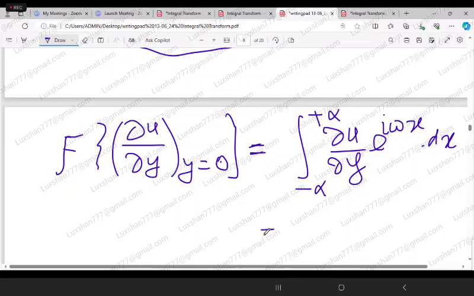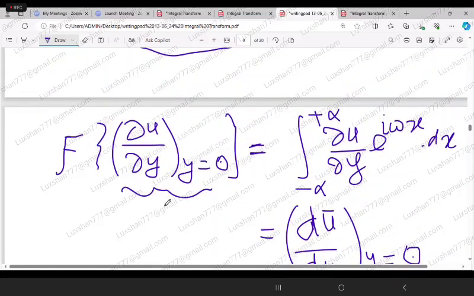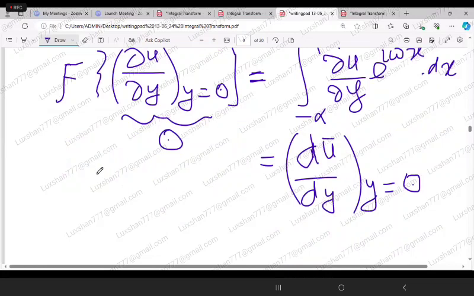So this is nothing but dū/dy at y equals 0. But we are given that this is equal to 0. Therefore, the Fourier transform of 0 equals this one.